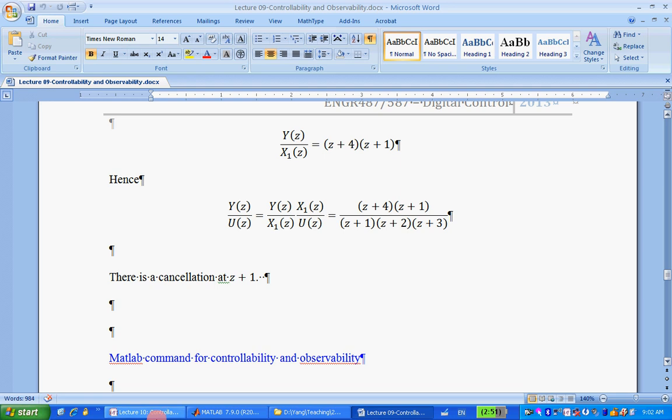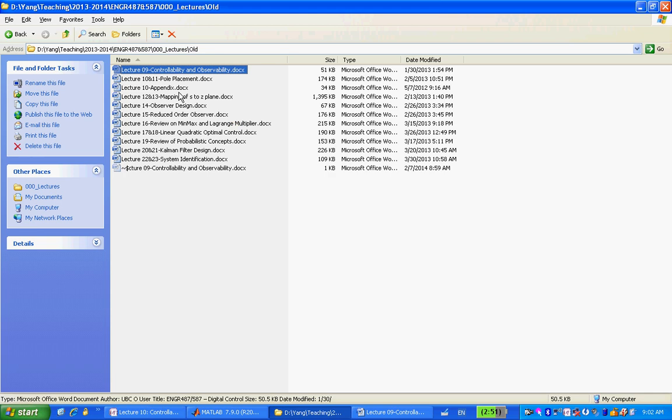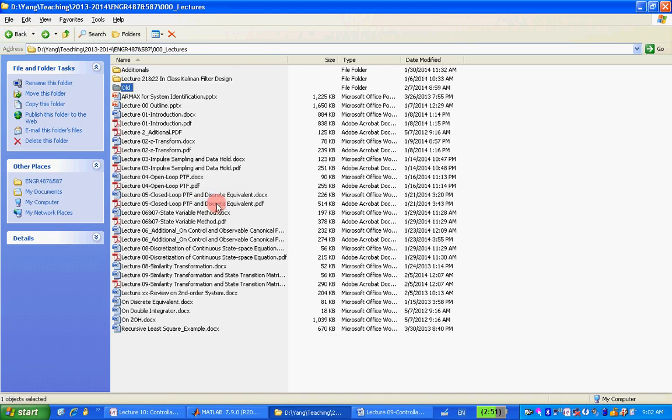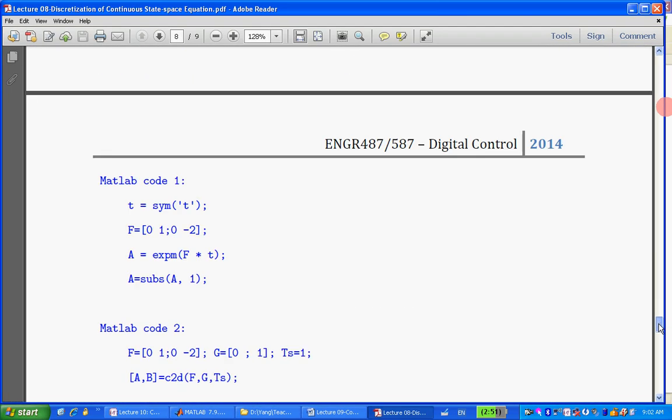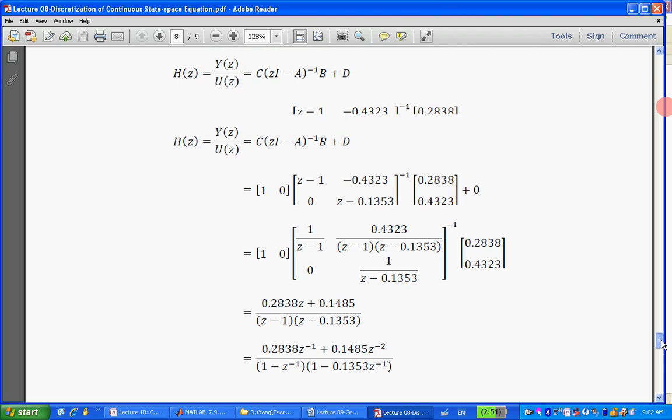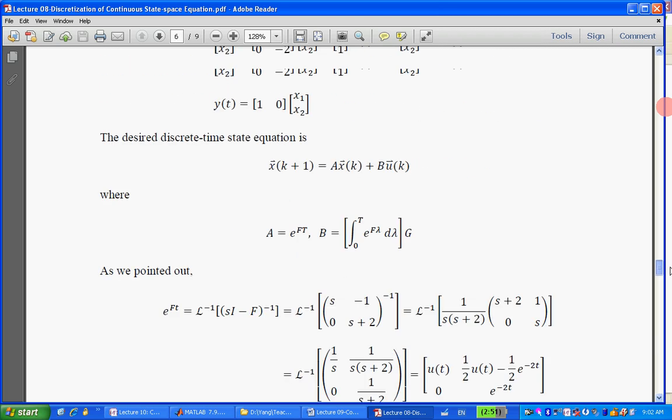Let me show you here. In the previous lecture, when we did the discretization of this state space model, what did we do about this pulse transfer function?